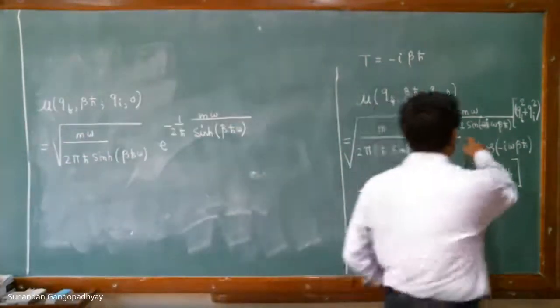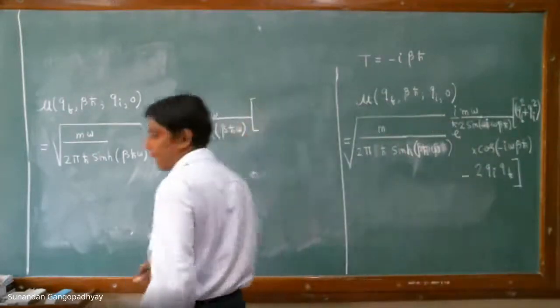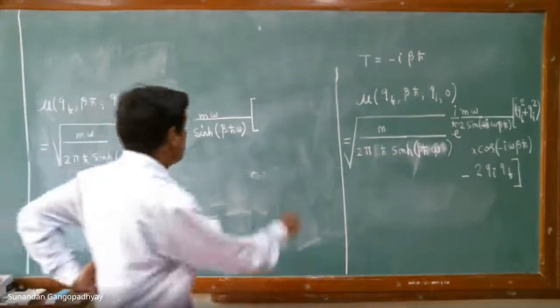This is for this factor, and then you have this thing multiplied by twice.